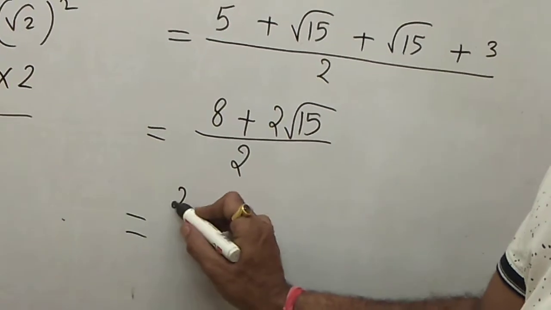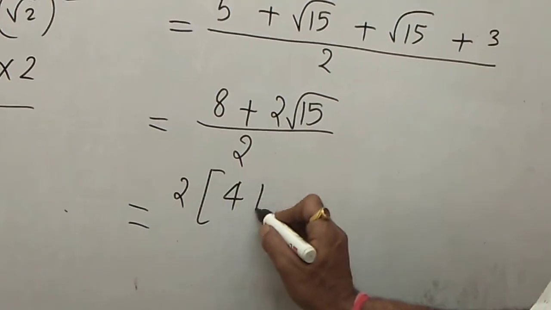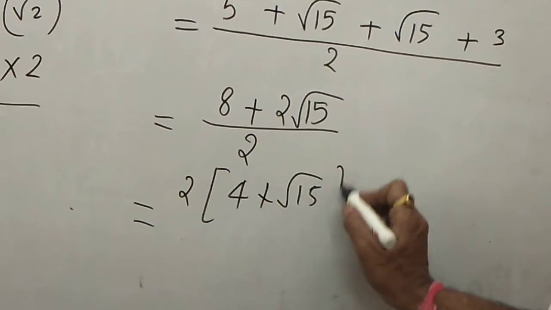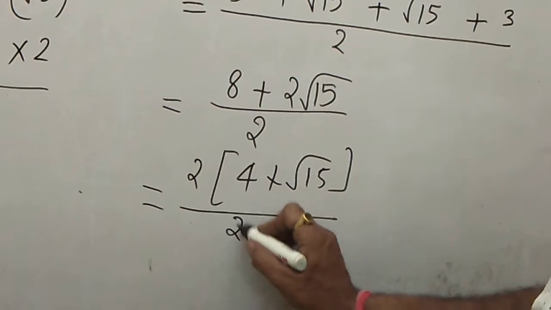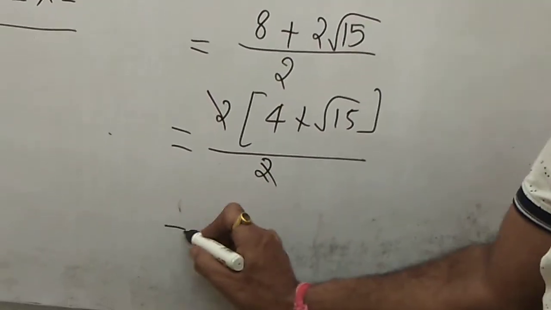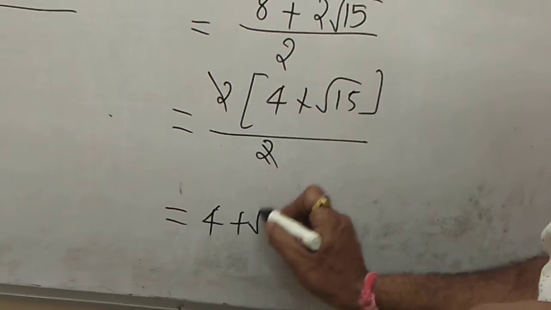So you take common 2, and then 4 plus root 15, upon 2. 2 is cancelled out, so your answer is 4 plus root 15.